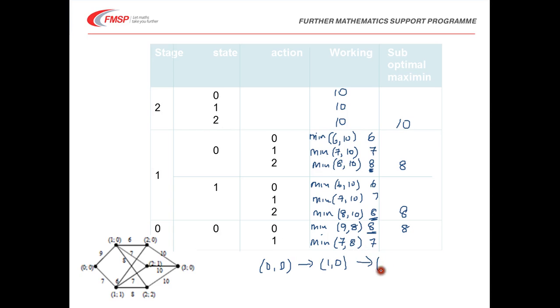So we've got 2, 2 and 3, 0. So as long as you can see here, we've used action 0, and here we've used action 2, and here we've used action 0. So you just need to be able to work your way back through that table, and the heaviest truck that we're able to use is 8.